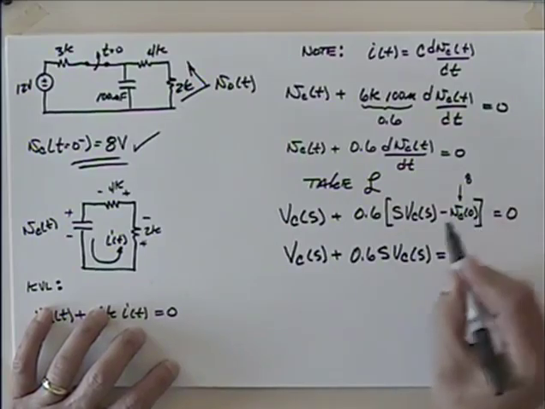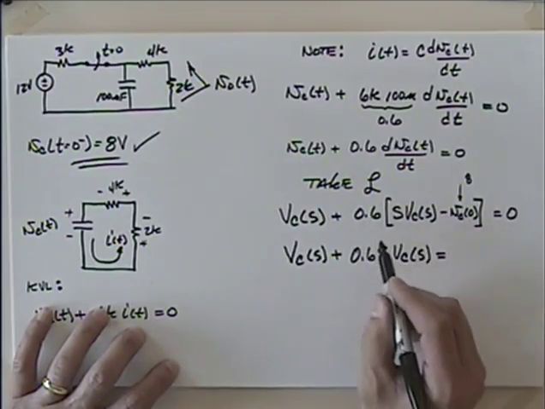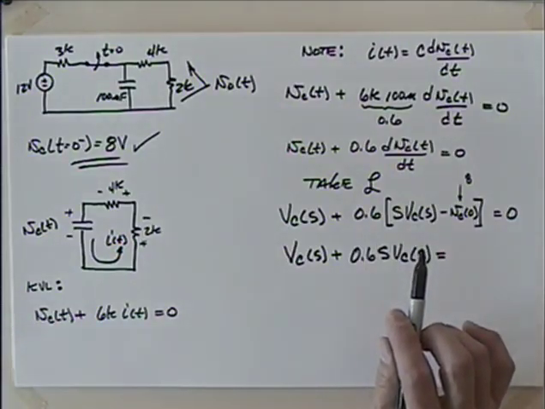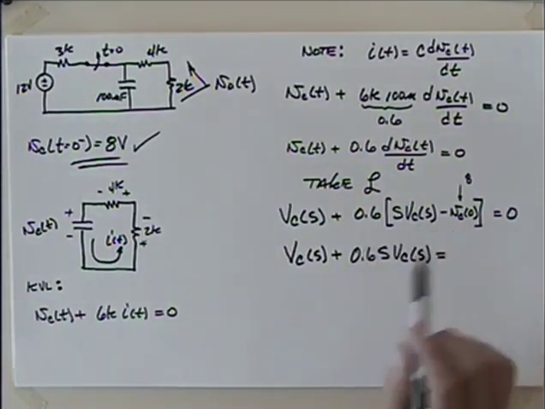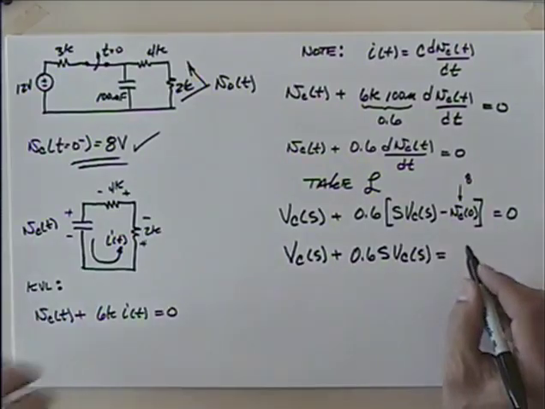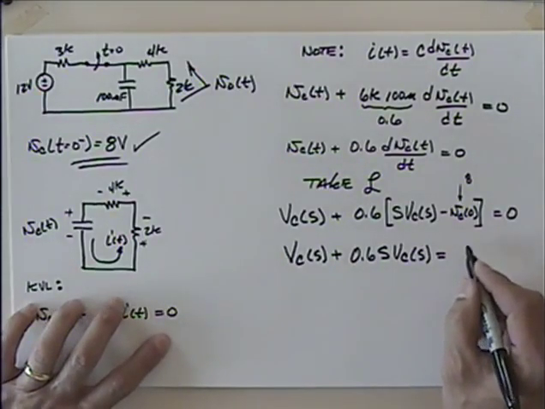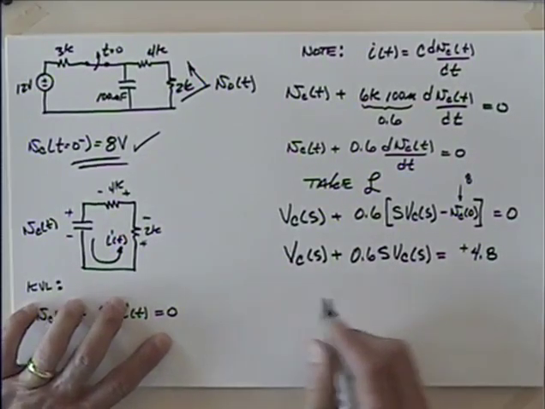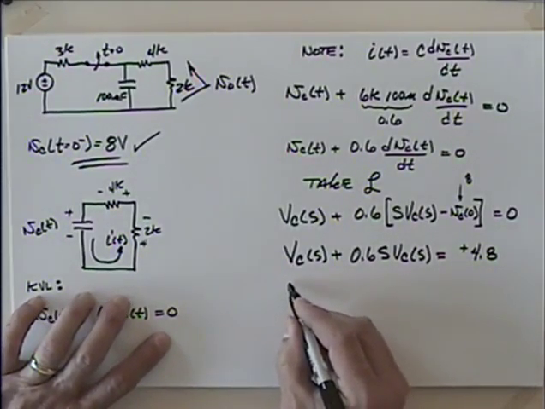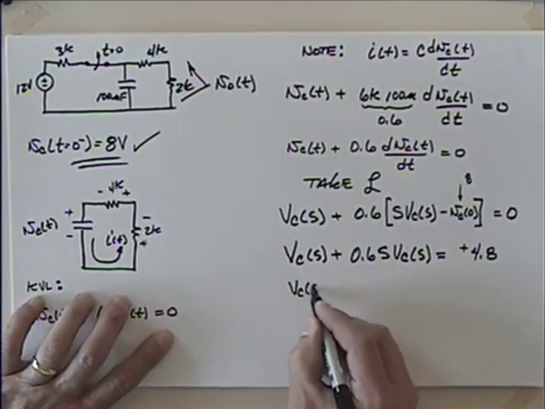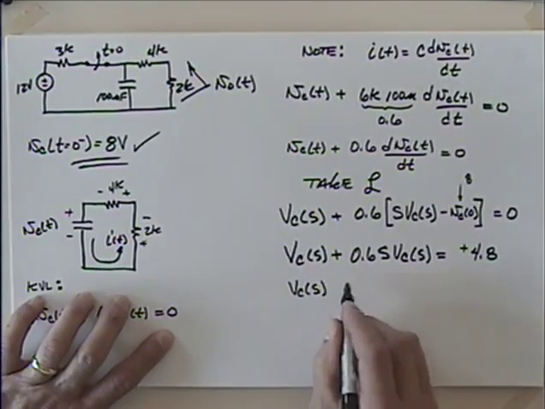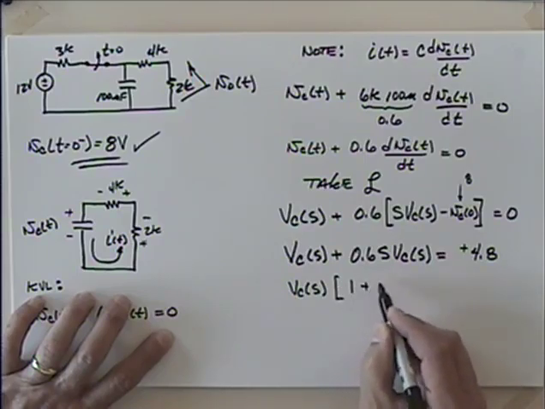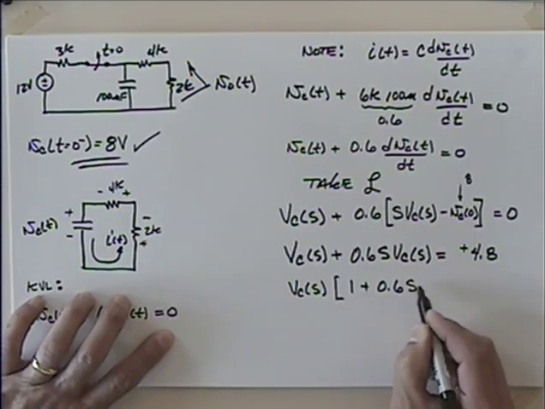Okay, so if I put an 8 in there and I observe this negative sign and multiply it by 0.6, I end up with what? Minus 4.8. And I move it to the other side, so I will have positive 4.8. So I factor out a Vc in the S domain, and that's going to be 1 plus 0.6 S.